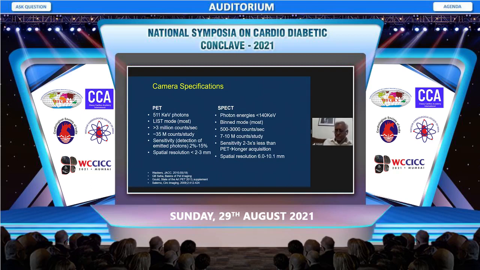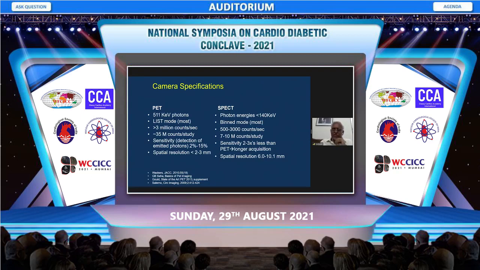So how does the physician choose? Should I go for SPECT or PET? So we are talking of the flow reserve, cardiac flow reserve this morning in diabetes. So that's a very specific scenario. So technologically, the PET is a much more advanced tool giving much better sensitivity counts. So it makes the imaging and quantification better.